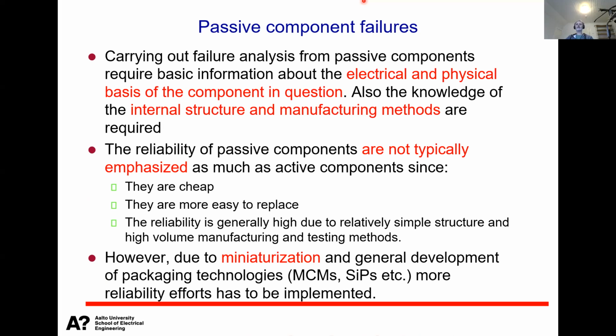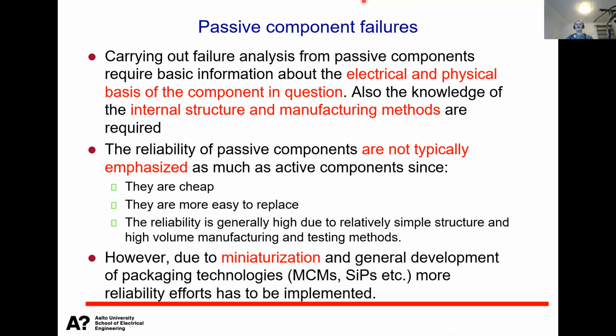What is it supposed to do and how? And then we should know the internal structure and how these structures and materials have been manufactured, because every manufacturing method has its advantages and disadvantages, and quite often defects are related to manufacturing methods.